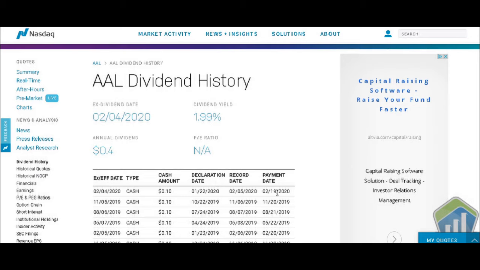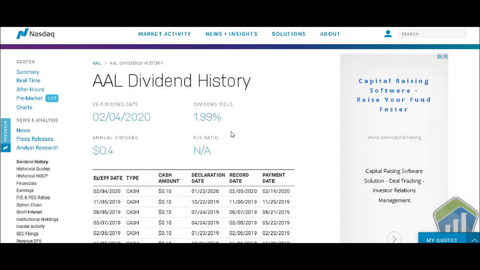So last time they paid out anything was definitely on February 19th, 2020, and it was only for 10 cents, right? So they haven't really paid out anything since the pandemic hit. They decided to keep all dividends within the company to kind of help them continue to support themselves, right? So what we know is that AAL, American Airlines, is not paying any dividends out to anybody at this particular time.